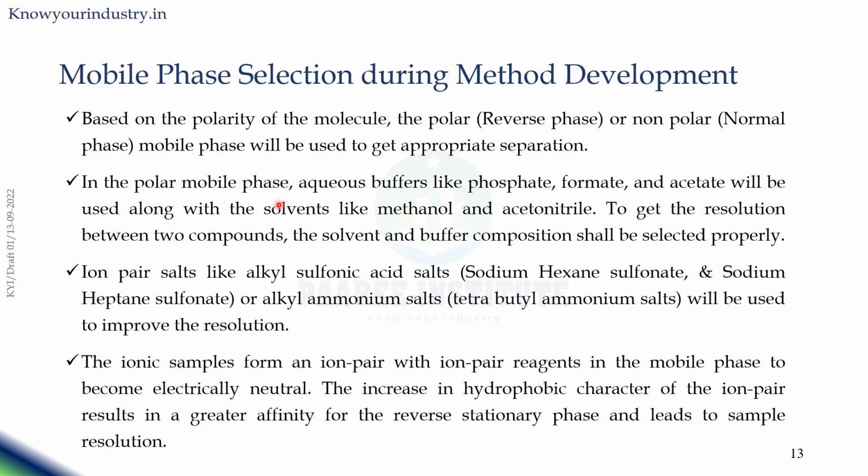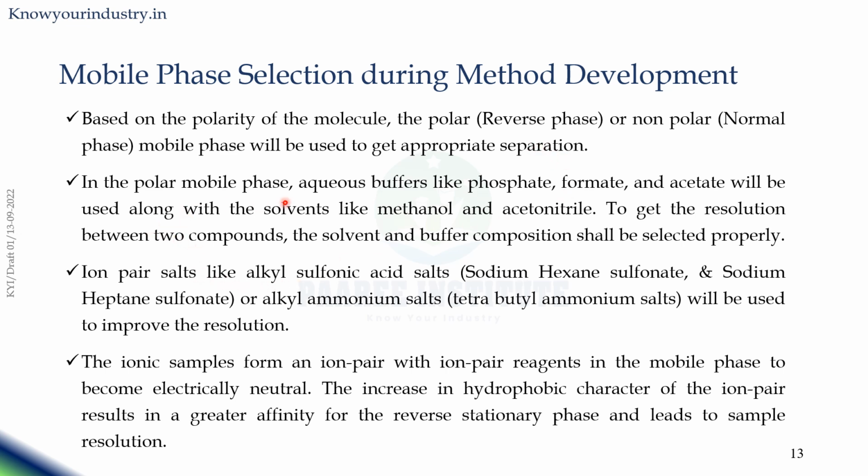In normal phase, the mobile phase will be non-polar and the stationary phase will be polar in nature. This selection will be done based on the molecule polarity, and finally an appropriate separation will be obtained by choosing reverse phase or normal phase chromatography.